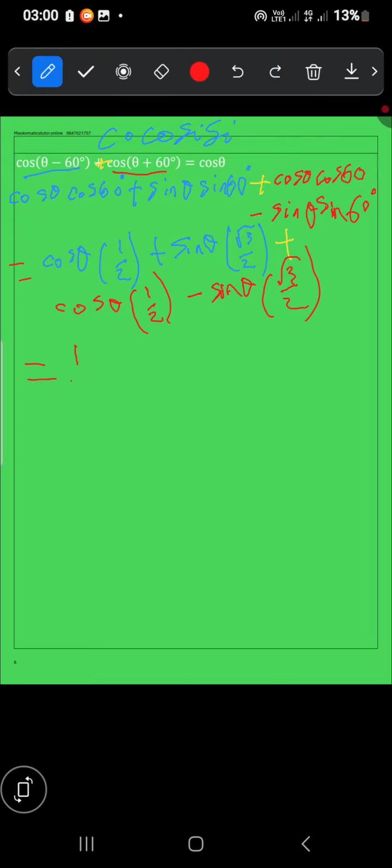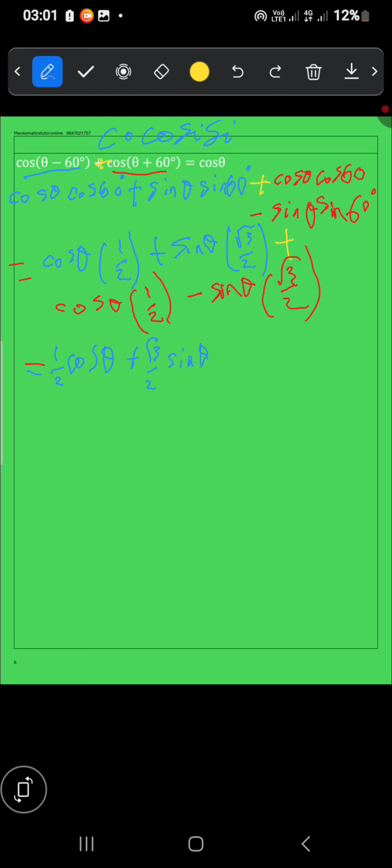Right, let me create enough space. So we're saying this part here equals to half cos theta plus root 3 over 2 sine theta. That was for this part.